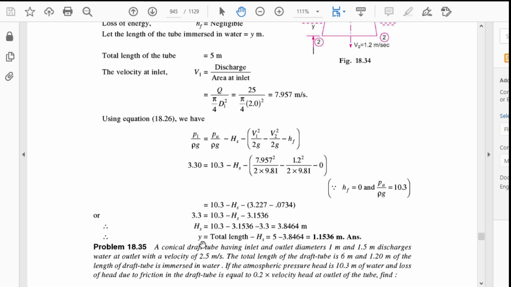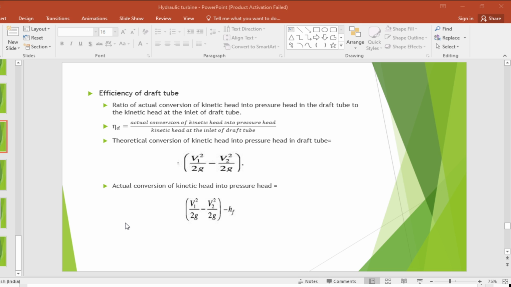So that height will be y equals to total length minus HS, which will be equal to 1.1536 meters. Okay, this is all about the draft tube and efficiency of draft tube.